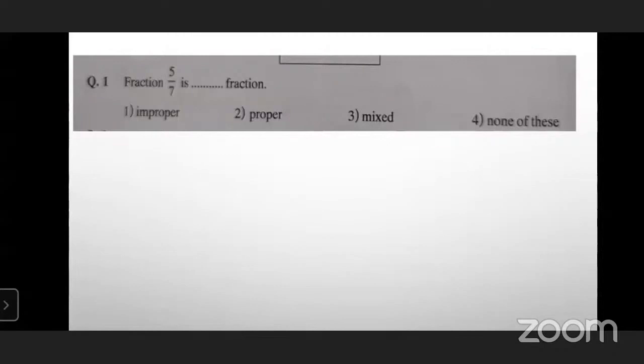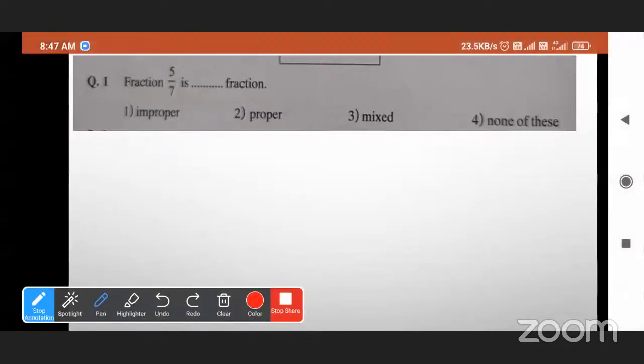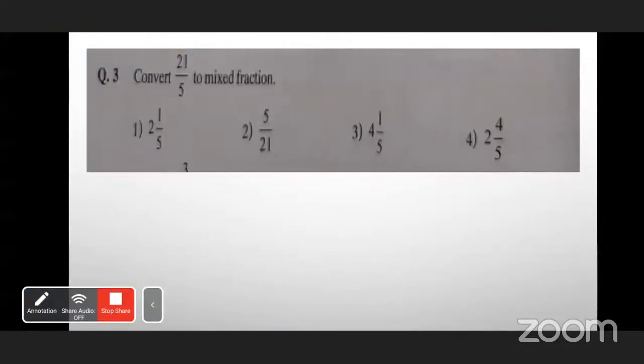Proper fraction. Why? Because the numerator is smaller than the denominator. Very good. So the second one is correct. Very good. Now, convert 21 upon 5 to a mixed fraction. Can you tell me the answer?